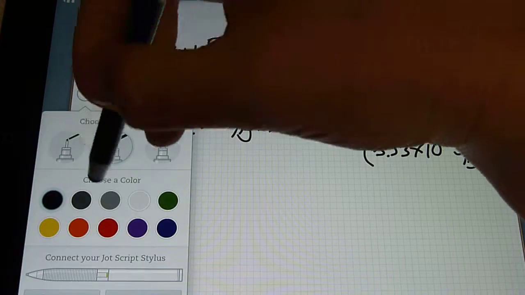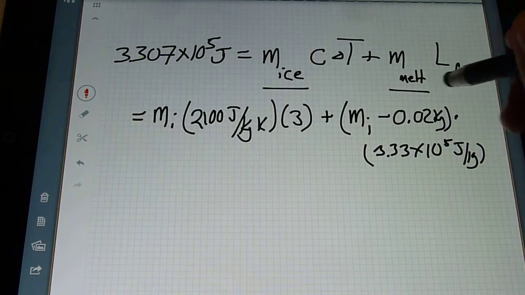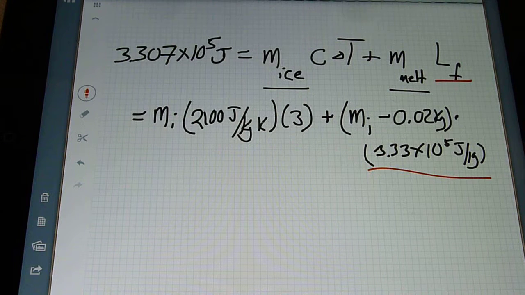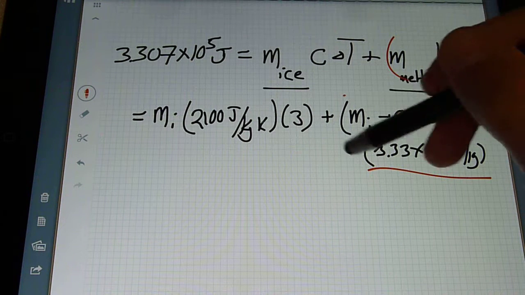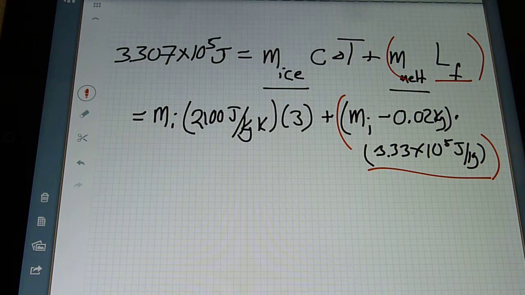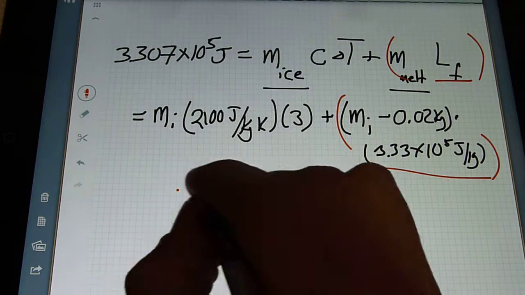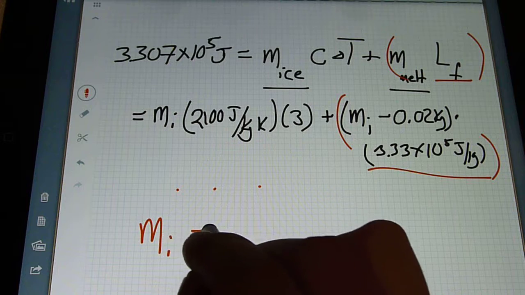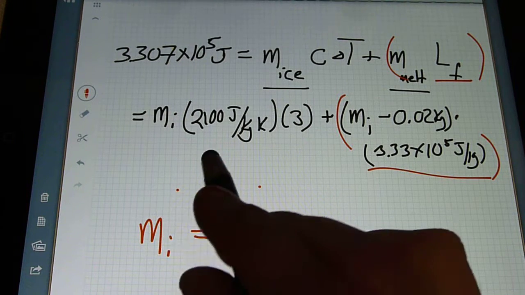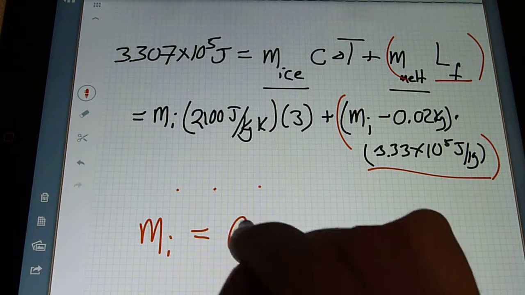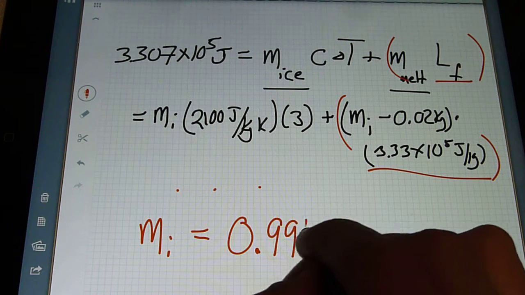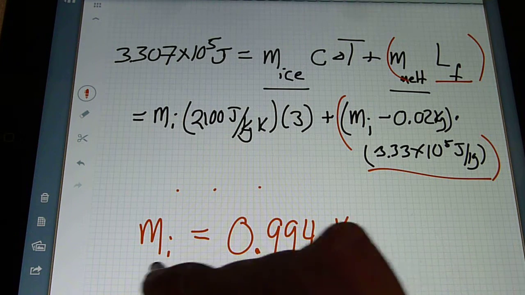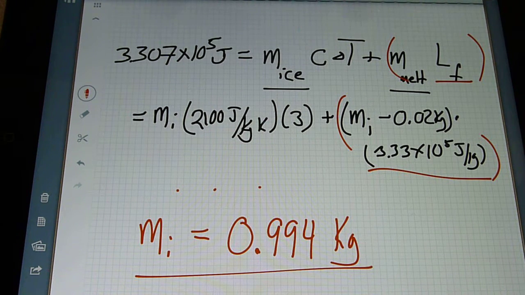So again, just to be clear, because I wrapped, that is equal to that. So this term shares two lines, so just be careful with that. Solving that, a little bit of extra work, gives me a mass of ice that I need in order to have this of 0.994 kilograms, just about 1 kilogram of ice.